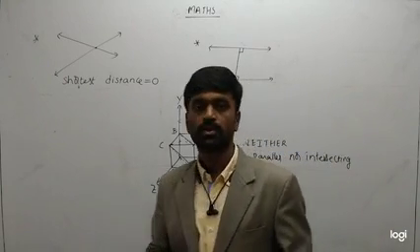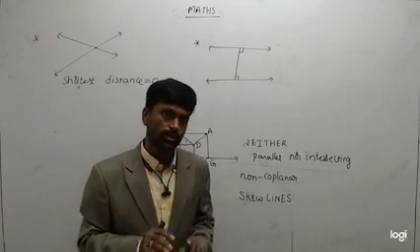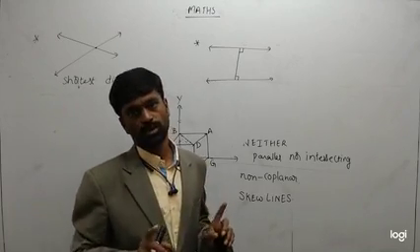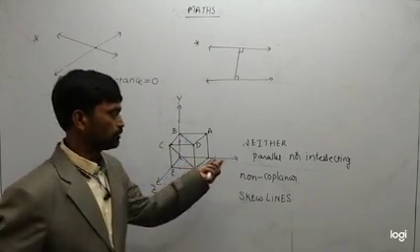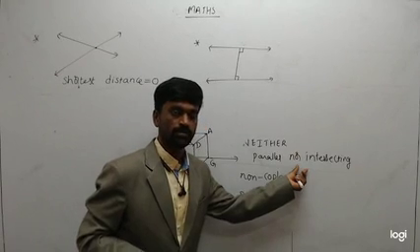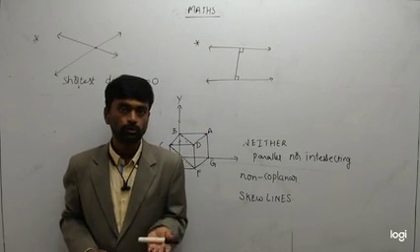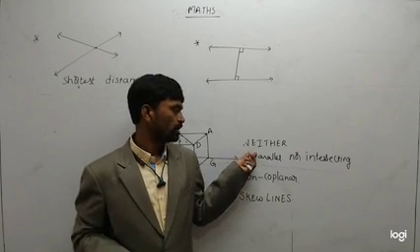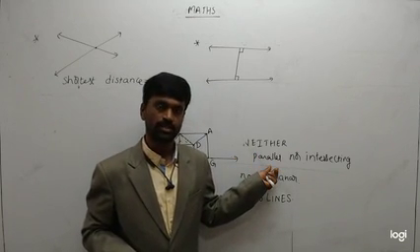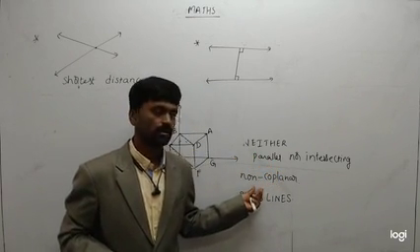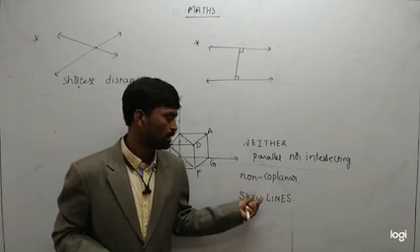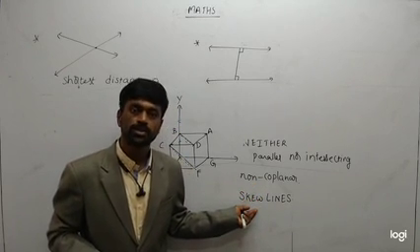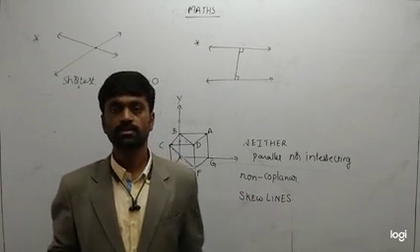If you take any two skew lines, they are non-coplanar, so they are neither parallel nor intersecting. So the definition of skew lines is: two lines in space are said to be skew lines if they are neither parallel nor intersecting, and hence they are non-coplanar. Okay, this is the definition.